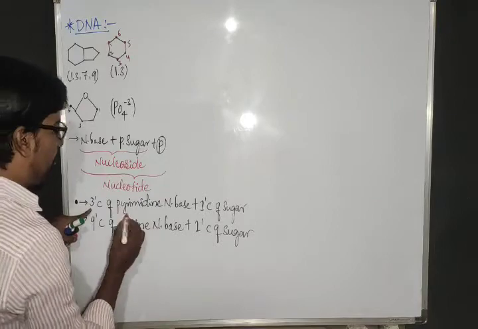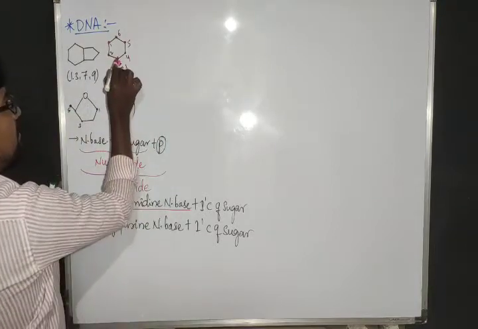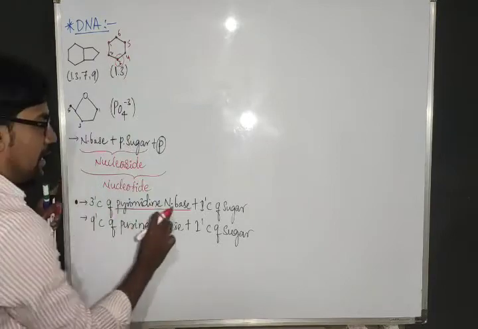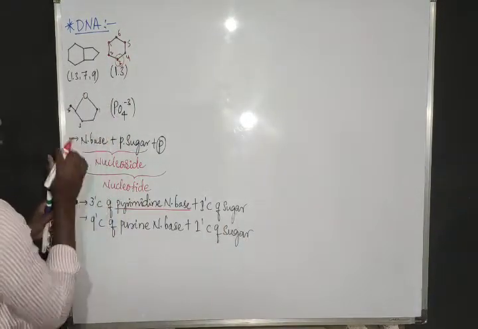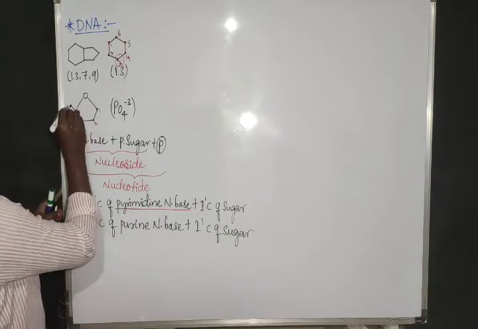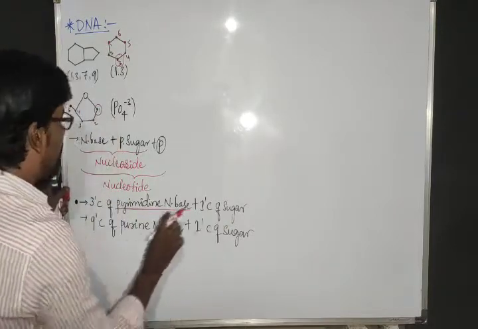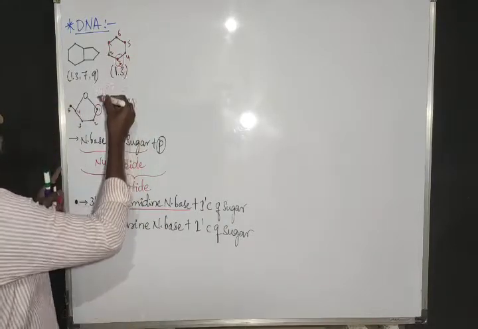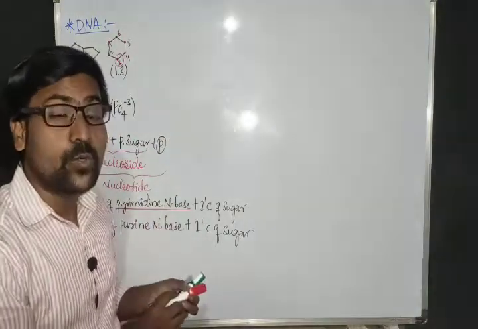Third carbon of the pyrimidine nitrogen base combines with first carbon of sugar. So this is the sugar. This is the first carbon, this is second, third, fourth, fifth. First carbon of the sugar molecule and third carbon of pyrimidine, both are joined. What happens? Both are joined.